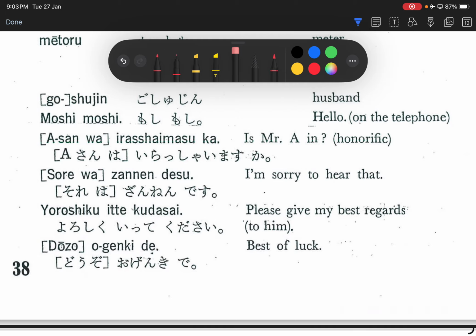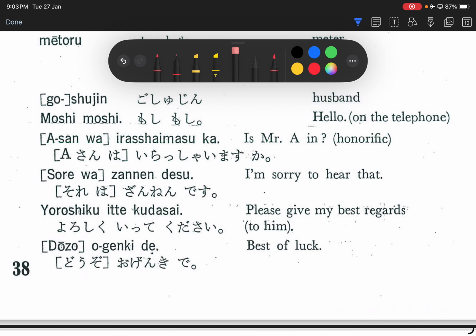Next, どうぞお元気で。Alright, so お元気で, 元気 means lively, energetic, right?